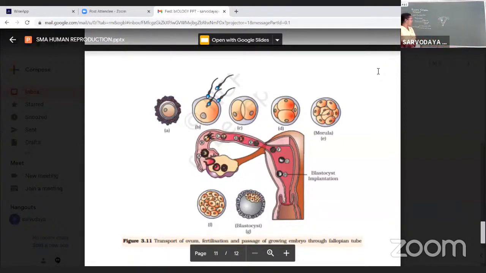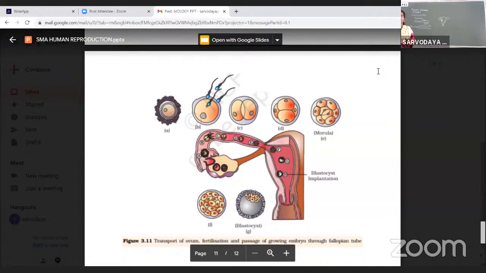What did I say? Chorionic villi is for the initial stages of development. In the initial stages, chorionic villi is sufficient for supplying the nutrition.